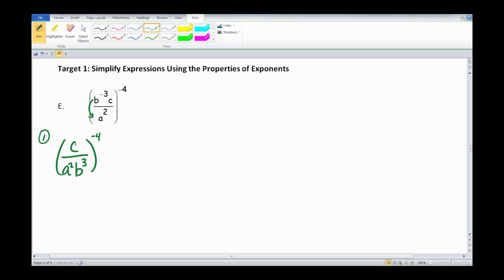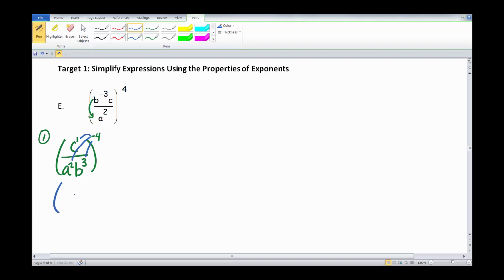For that c variable, it does have an exponent. It is, in fact, 1. It's not written. It's assumed it's 1. And now what we can go ahead and do is use our power to a power property. And so we're going to distribute this negative 4 into all the items. And with that power raised to the power, we will be multiplying those exponents.